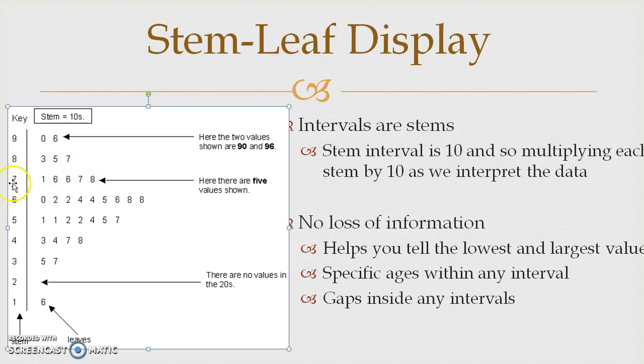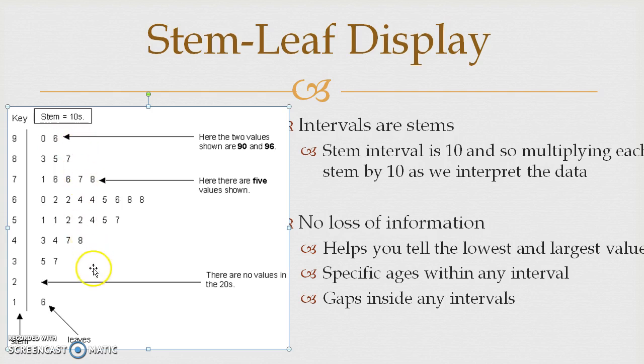So in the interval from 70 to 80, I have 1, 2, 3, 4, 5 values, and I also know the individual values that are there. So there is no loss of information. It tells me the lowest and the highest value. I know the lowest is 16 and the highest is 96. It doesn't say the intervals, but it tells me the lowest and the highest.